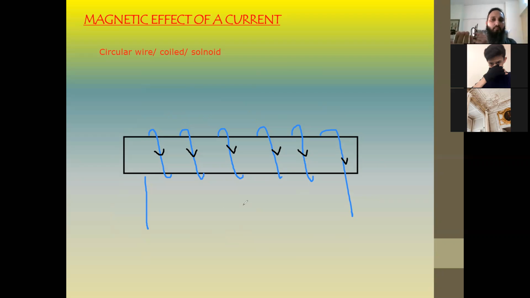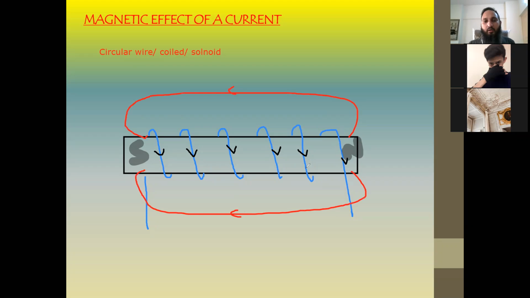My fingers will turn in the direction of the current. As you can see, my fingers are pointing in the direction of the current, and my thumb is pointing towards the right. So what will be the direction of the north? North is towards the right and south is towards the left. The direction of the magnetic field is always from north to south.